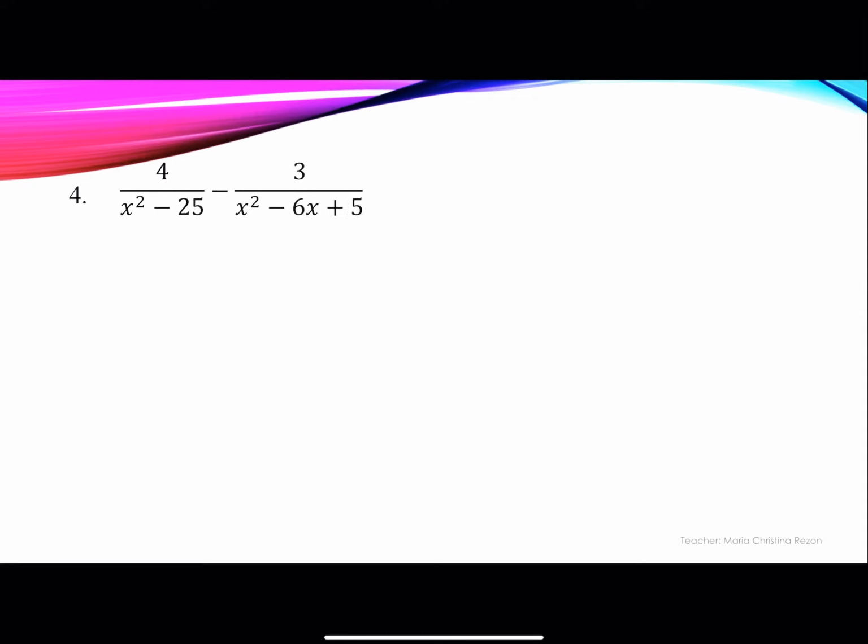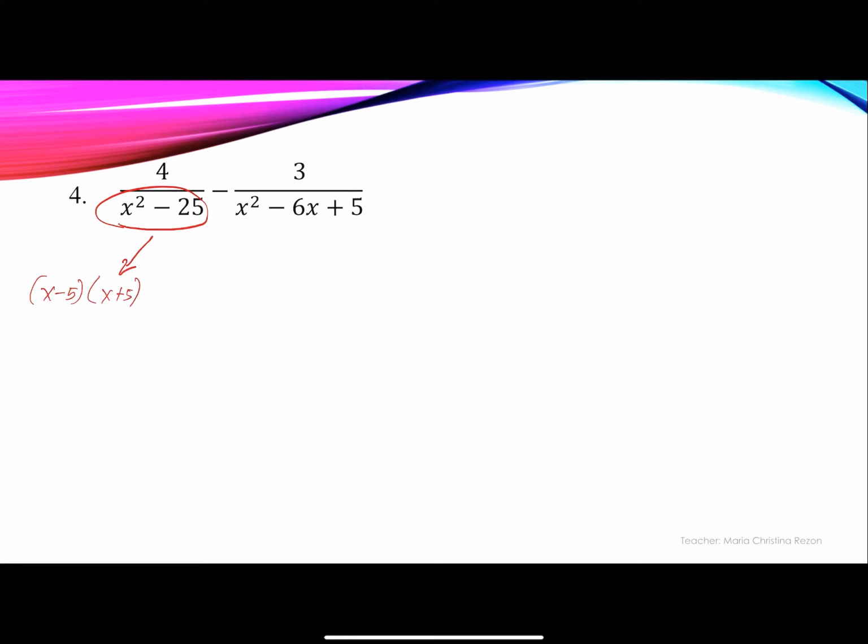Now let's have example 4. You have here 4 over x squared minus 25 minus 3 over x squared minus 6x plus 5. Now, this one is just a difference of two squares, so we can factor that as x minus 5 times x plus 5.